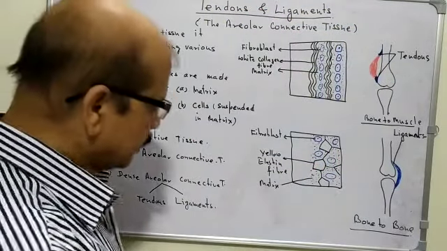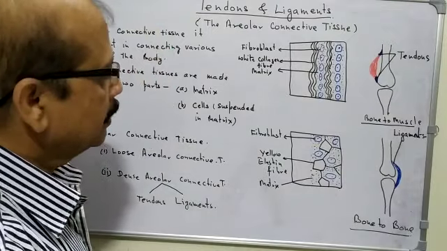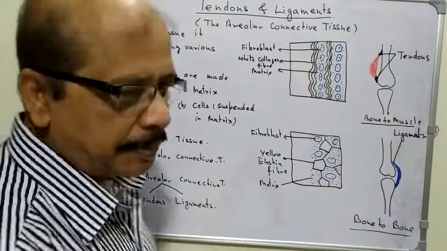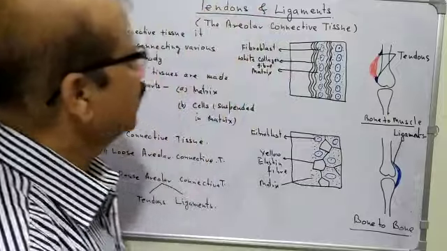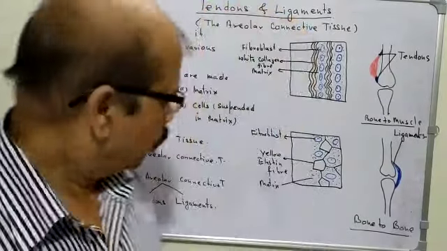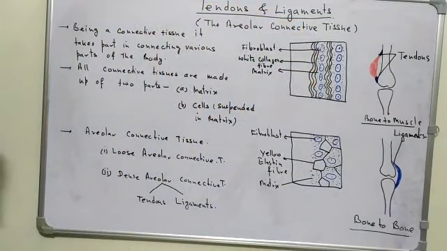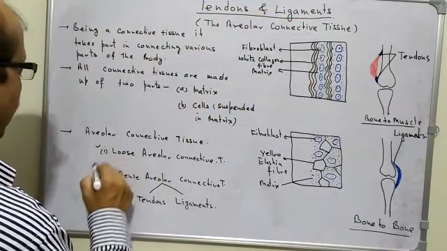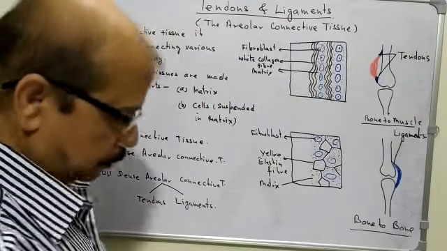Now areolar connective tissue has some specifications. Here two types of connective tissues are there. First, loose areolar connective tissue, and second is dense areolar connective tissue.